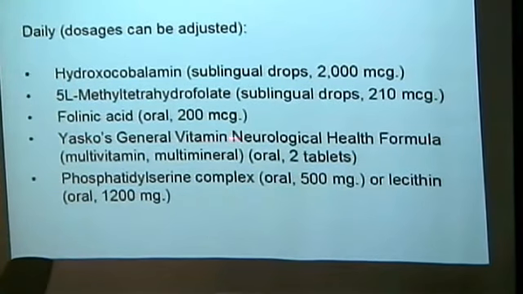And then we use this multi here, which is a multivitamin, multi-mineral that Yasko has developed. And it has the vitamins, it has the minerals, and it also has some other supplements that help the methylation cycle, like methionine and N-acetylcysteine and trimethylglycine. There's some special ones in there in addition. So we use that one.